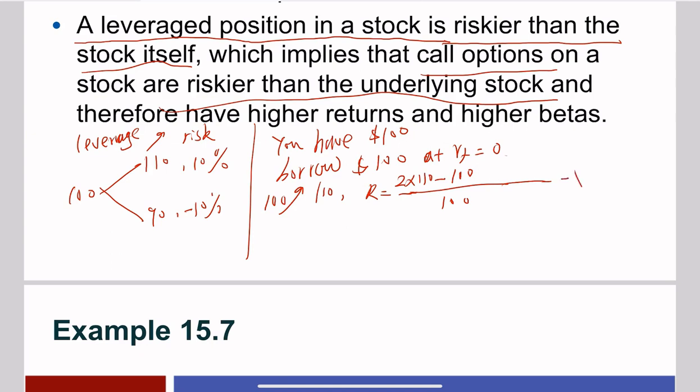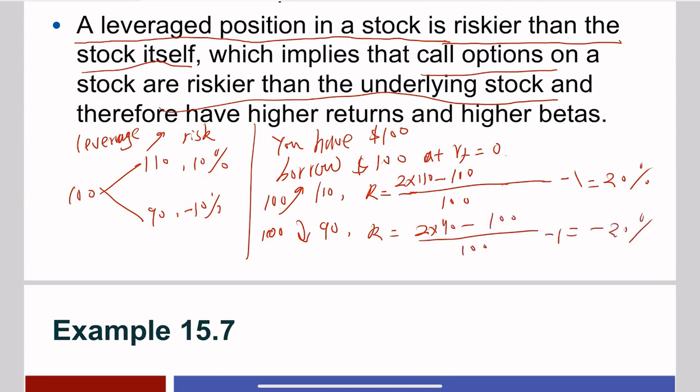This would be 20%. Yes, it's 20%. Now, if the stock price decreases to $90, we will have 2 times 90 minus 100, divided by 100, minus 1. So this would be minus 20%.